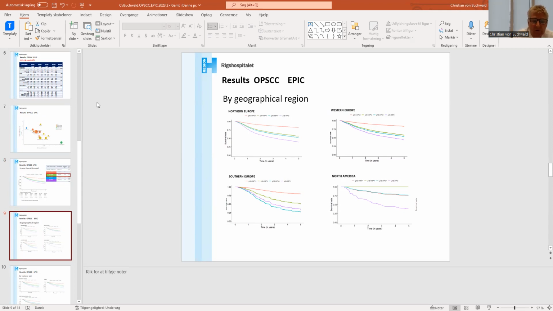As expected, double positivity is almost the same as P16 positive alone, with the same findings there. You see a similar survival for patients with double positivity or P16 positive alone. But there are only very few cases of P16 positive plus HPV negative, so there's not much to do statistics on in this case in Toronto.